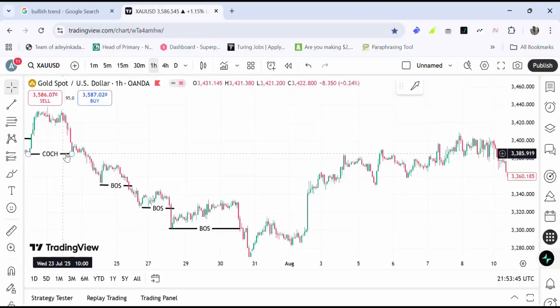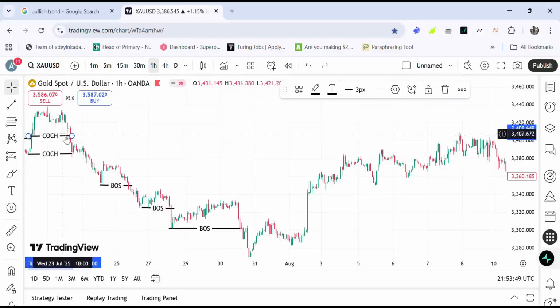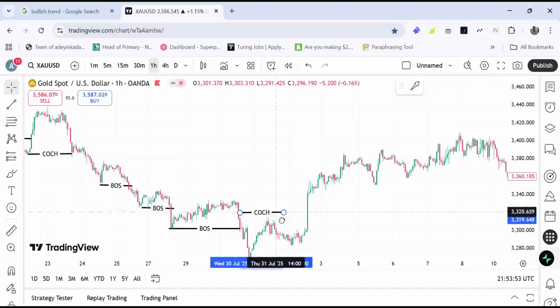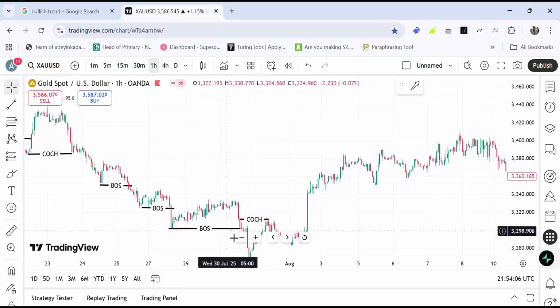So now you can call this place a change of character. Some people might actually want to take this place as a change of character, but I will be taking this place as the change of character because this is the most recent break of structure to the downside.